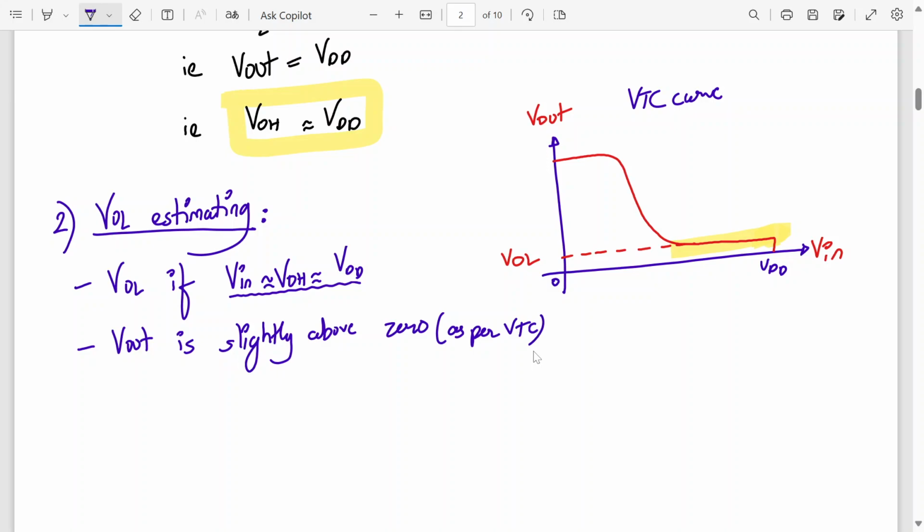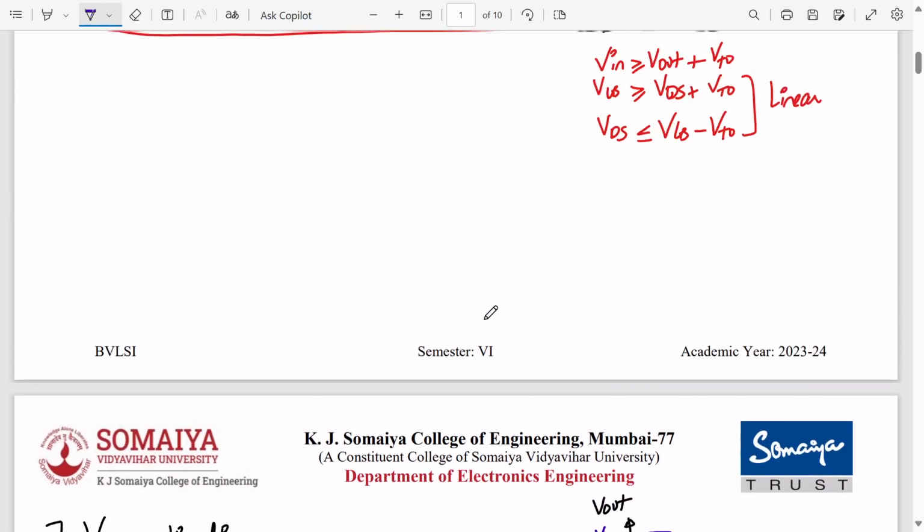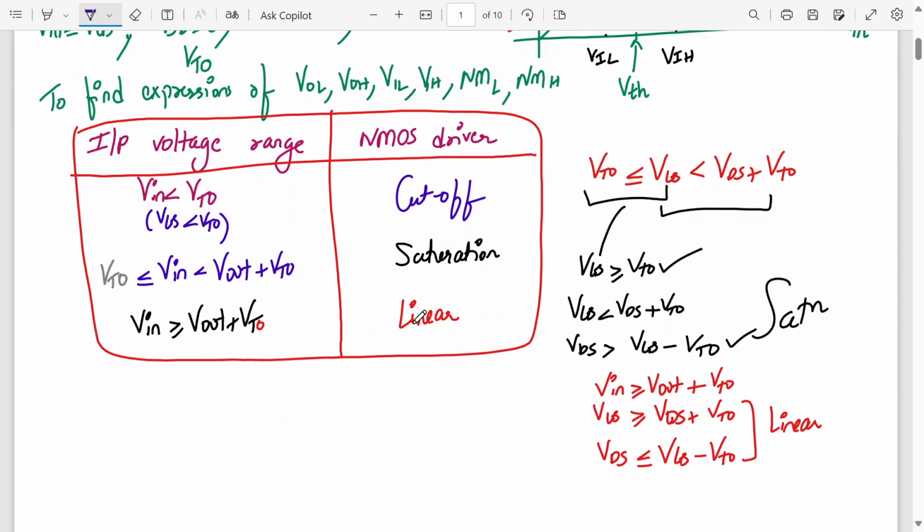So now how do we proceed forward? So therefore we can say here V out is slightly above 0. Okay, so what range are we talking about? In this case V out is very small. In this case, it is linear mode of operation, right? So here VDS is V out, right? So V out is very much less compared to V in minus VTO.